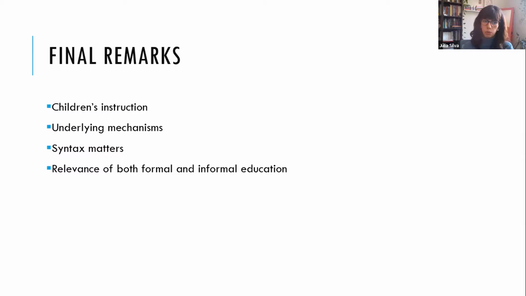I think it's important to plan interventions, and understanding that the syntax is important, but there are some peculiarities, such as the 4-digit number in Arabic, for instance, and that understanding whether it's syntax or working memory or phonological processing might help us to plan interventions, and also to think that both formal and informal education play a role in number transcoding.